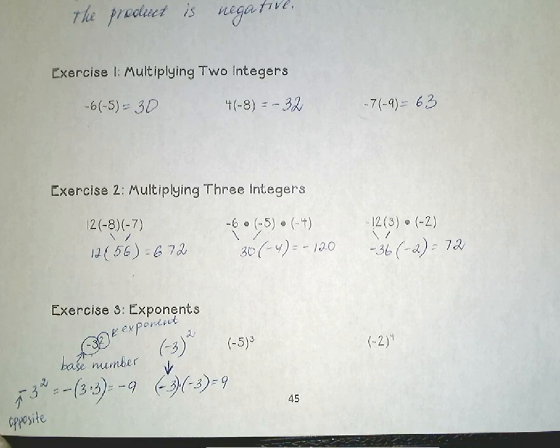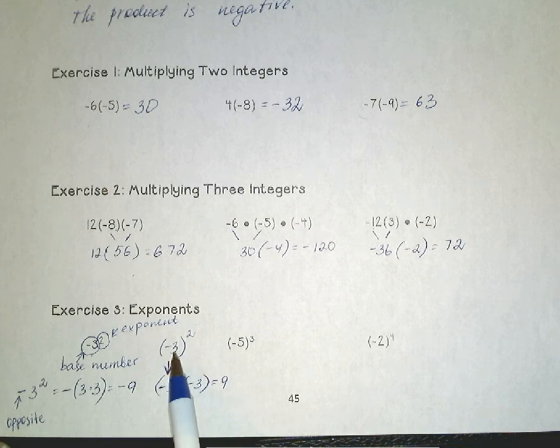See the difference? That is an important difference. So when we have a number written in parentheses with an exponent on top, we are multiplying the number by itself with the negative sign. If this number is written without parentheses, that negative sign stands for the opposite. Opposite of 3 squared is the opposite of 3 times 3, and that is going to be -9.